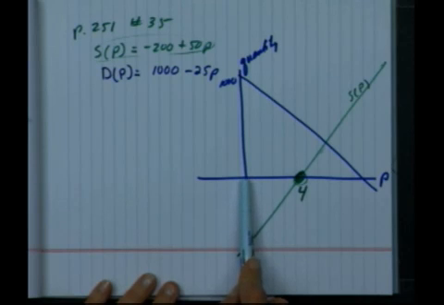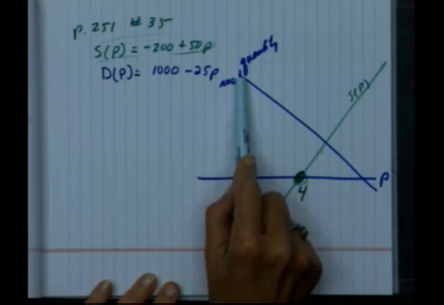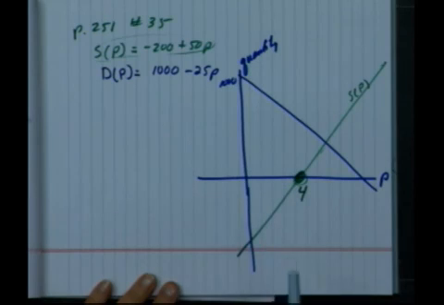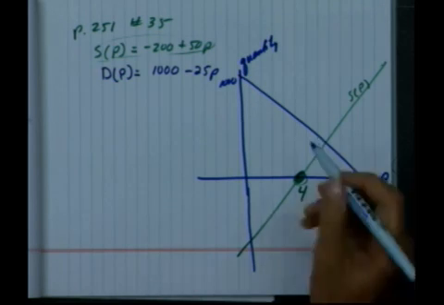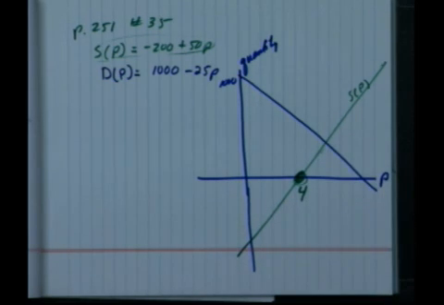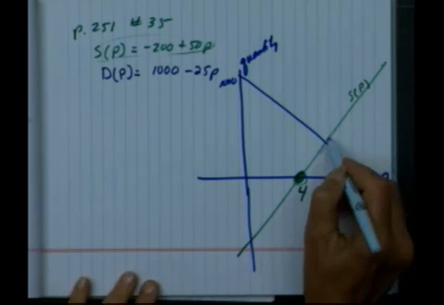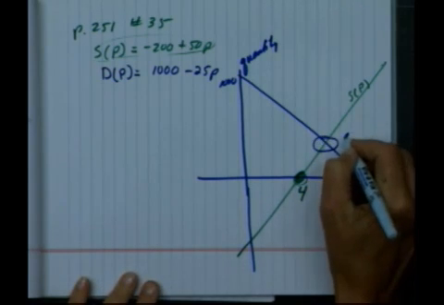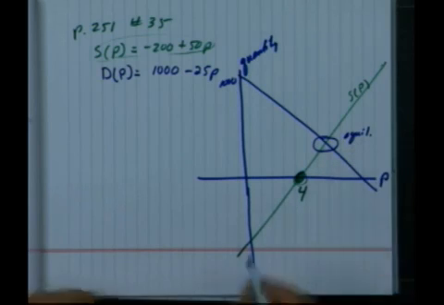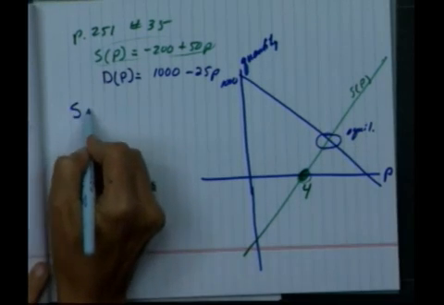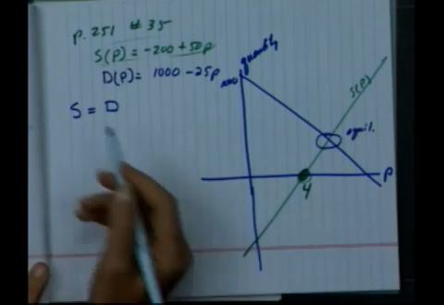If the price was 0, they'd all be out there getting 1,000 of these. Of course, the producer is not going to supply at that level. All right. So here is where the curves cross, and this is where everybody's happy. This is the equilibrium. All right, so this is where your supply is equal to your demand.